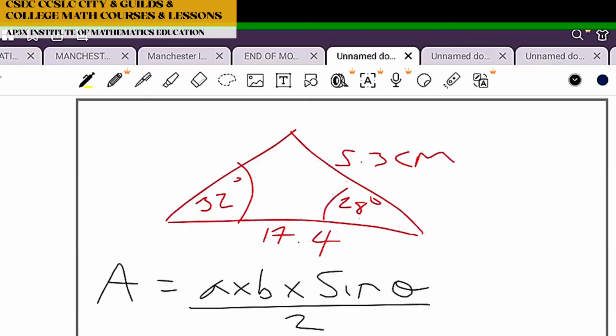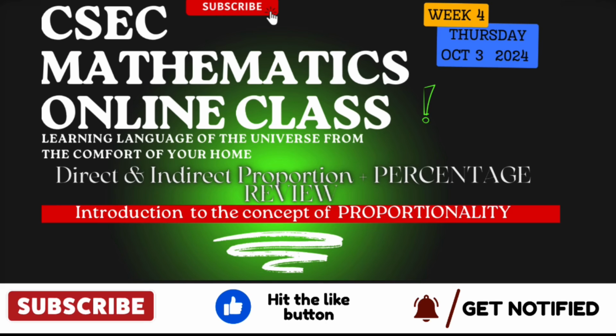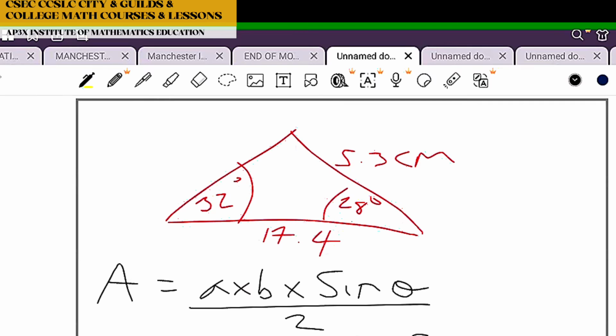7.4 multiplied by 5.3 multiplied by sine 28. Very good. Divided by 2.